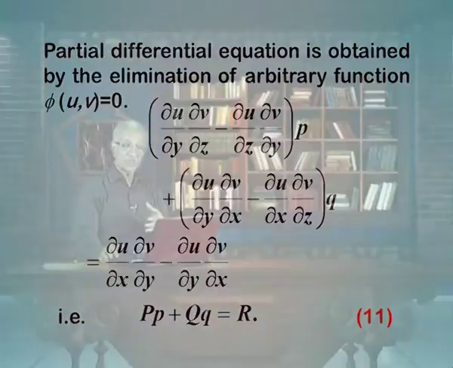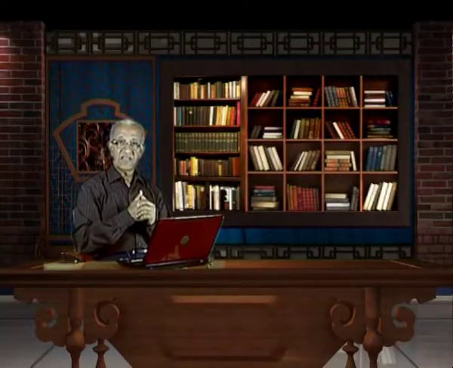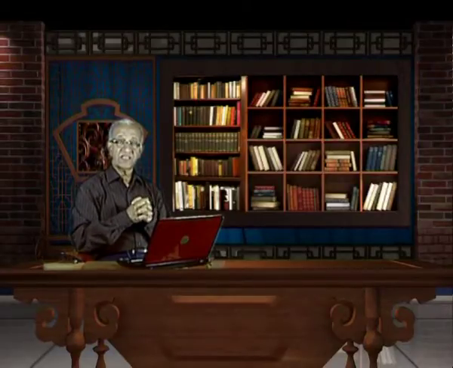I ask you to recall what we have done in the previous lecture. There are two methods of solving the Lagrange's equation, or in other words, when we started the last lecture, we studied that there are two methods of forming a differential equation, partial differential equation.